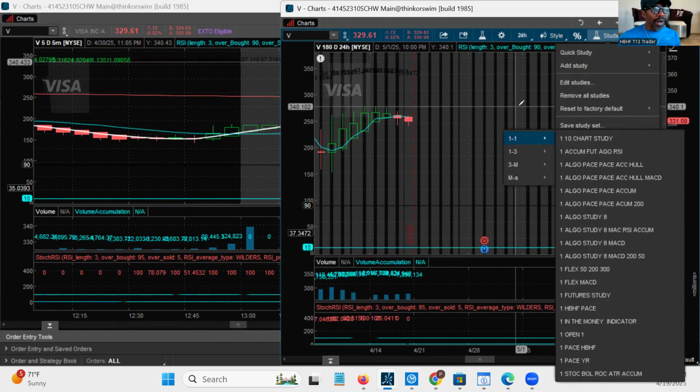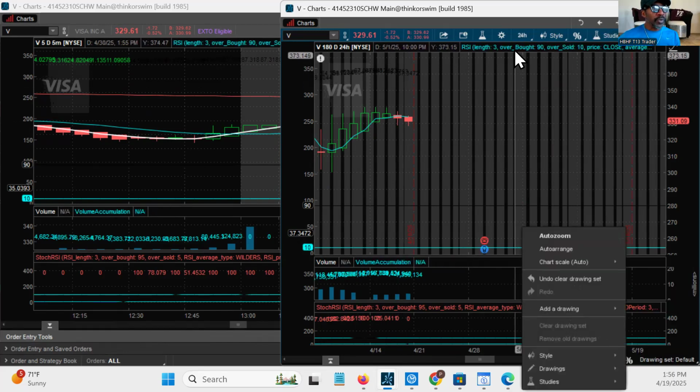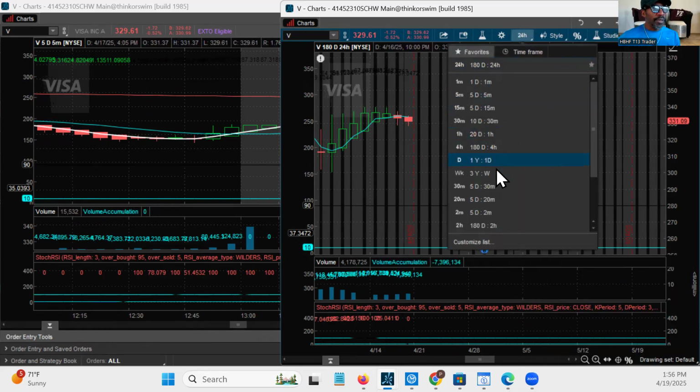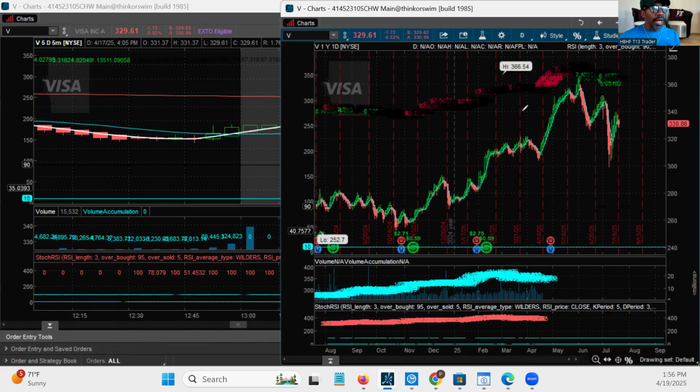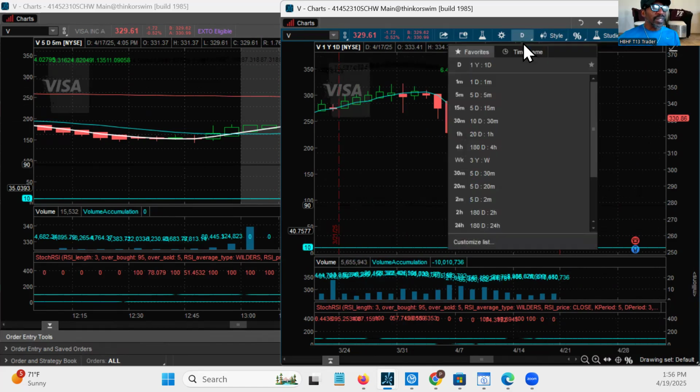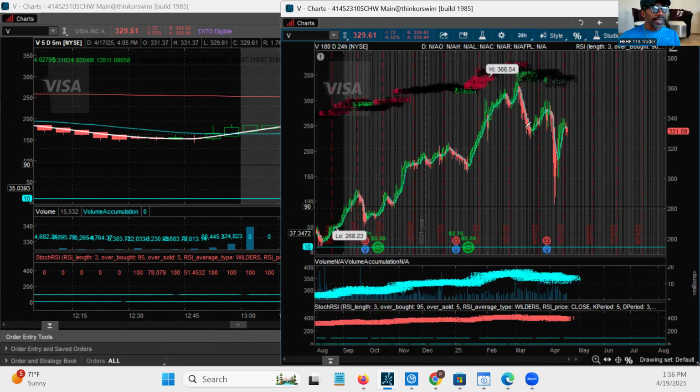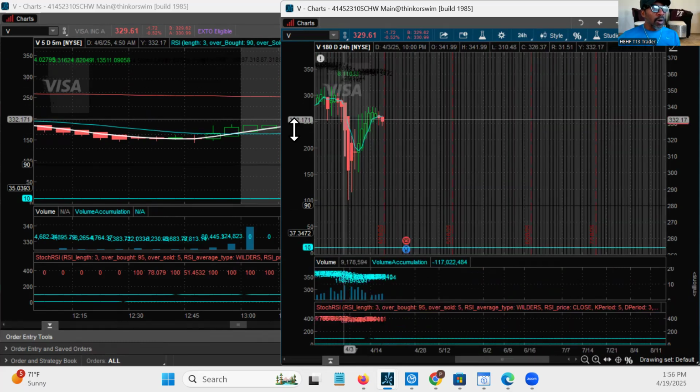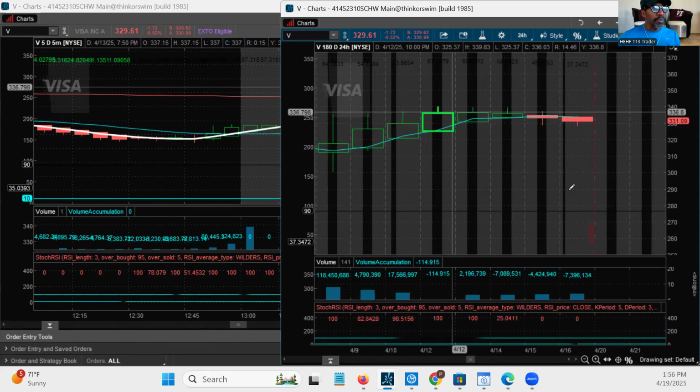I use the 24-hour chart. Some of you use it daily, but I use the 24-hour because it shows me a little bit more depth on the market and what's going on.